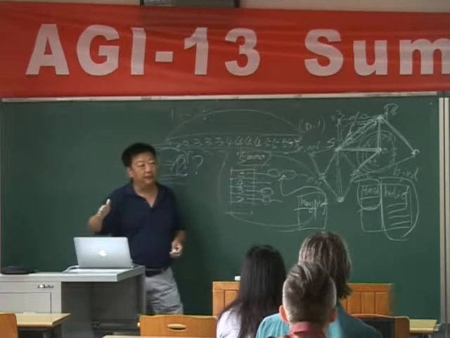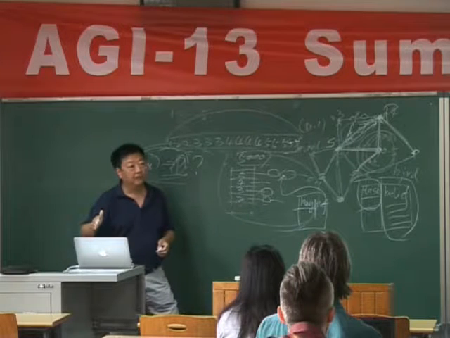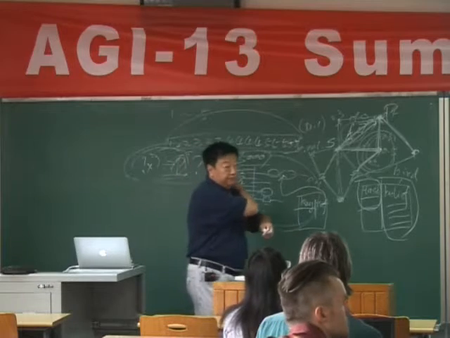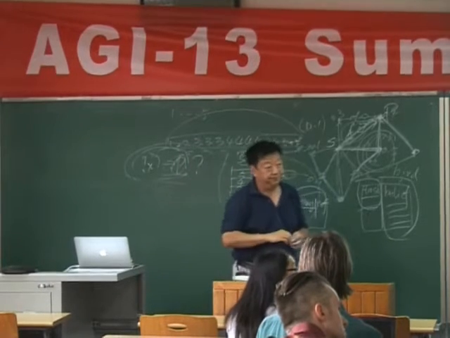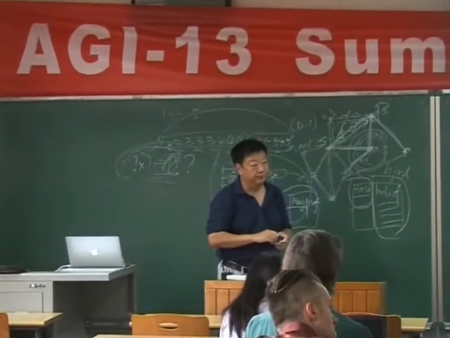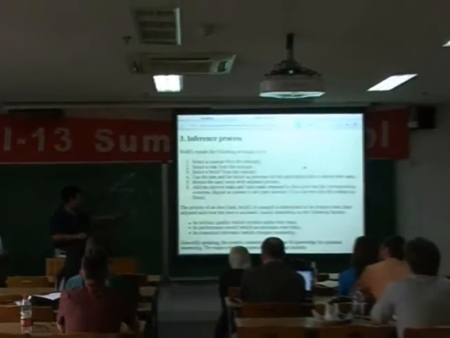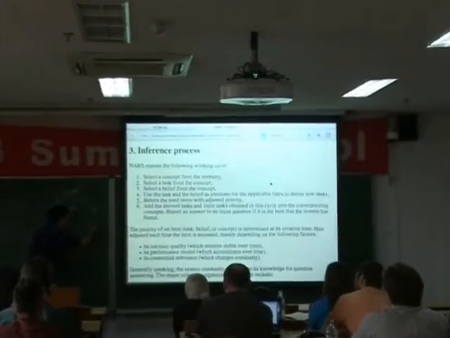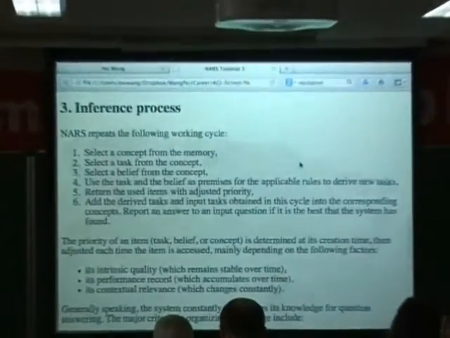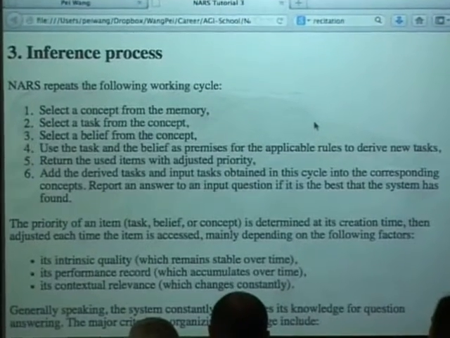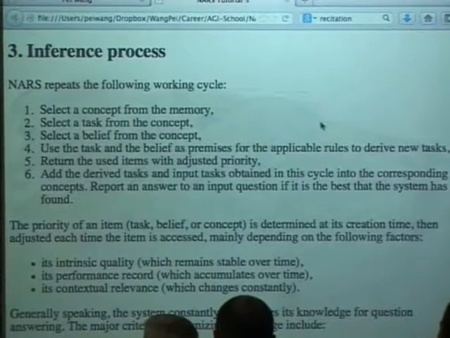Question: could you please repeat the definition of concept and what does it include? A concept is a data structure which is named by a term. It includes all the tasks and beliefs that directly use that term as a subject or predicate.